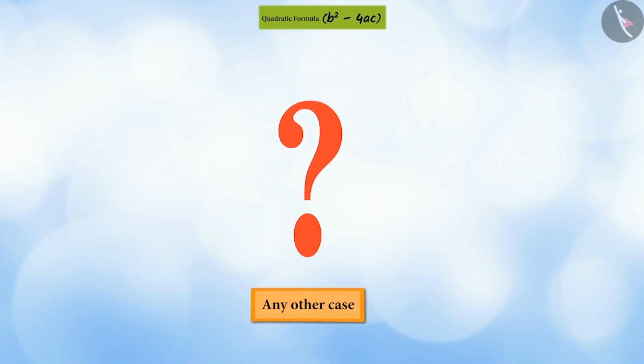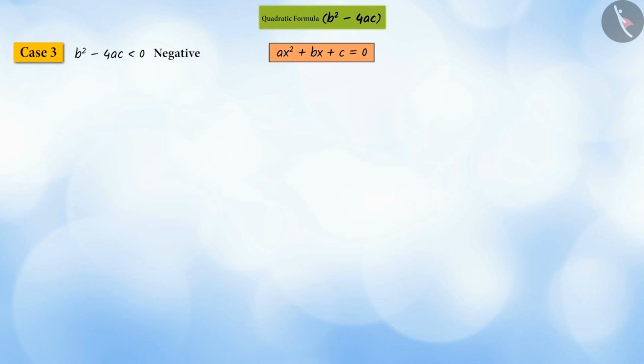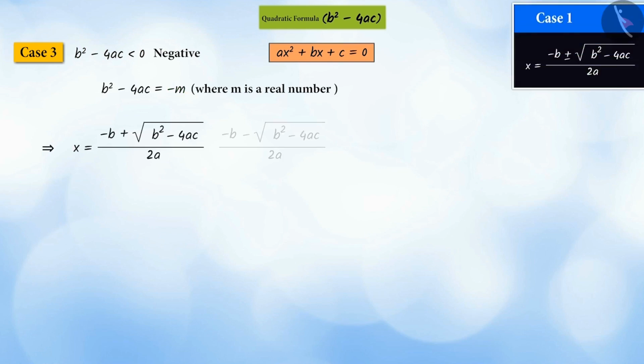Can you think of any other case? Absolutely right. Now if we take the value of b square minus 4ac less than 0, that is negative, let us assume it to be minus m.